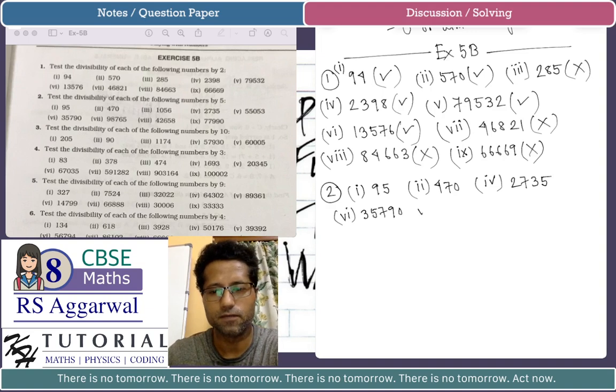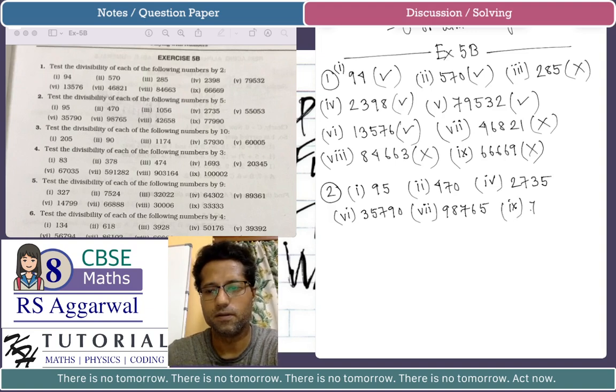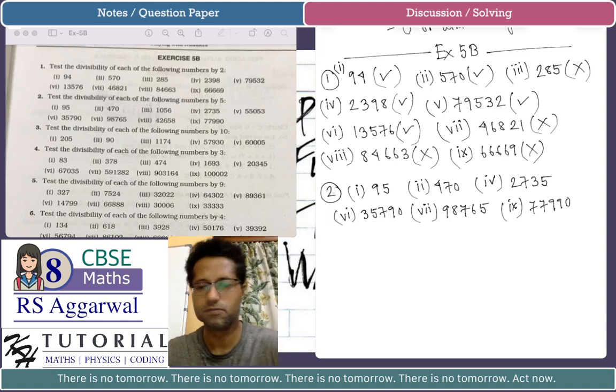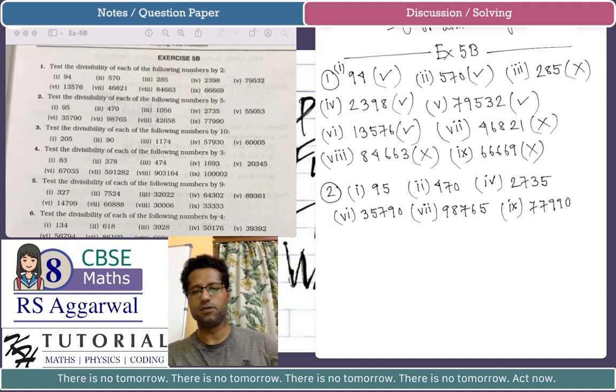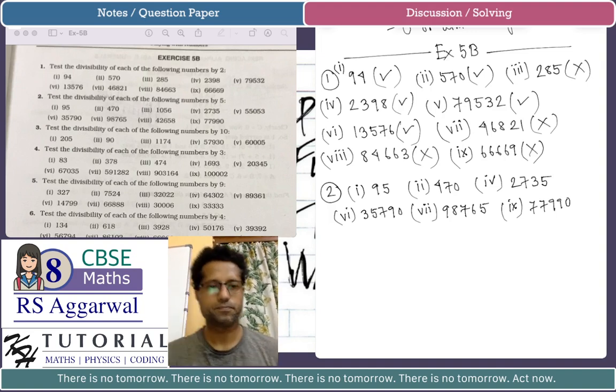Then we have 7, which is 9, 8, 7, 6, 5. And then we have 9, which is 7, 7, 9, 9, 0. So all these are the numbers which are divisible by 5. As you can see, all these numbers end with the digit either 5 or 0.